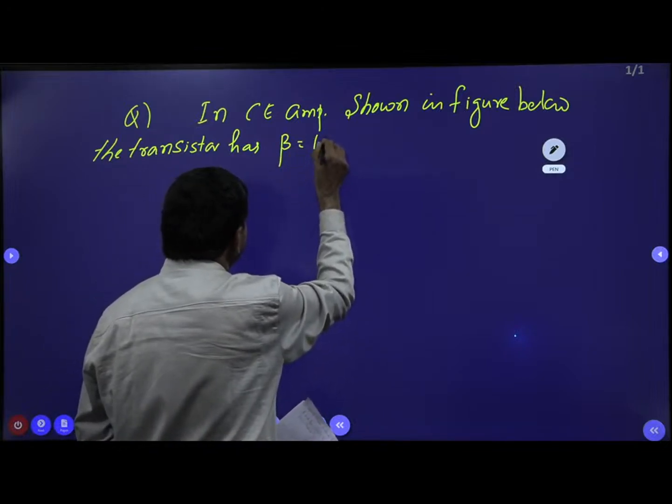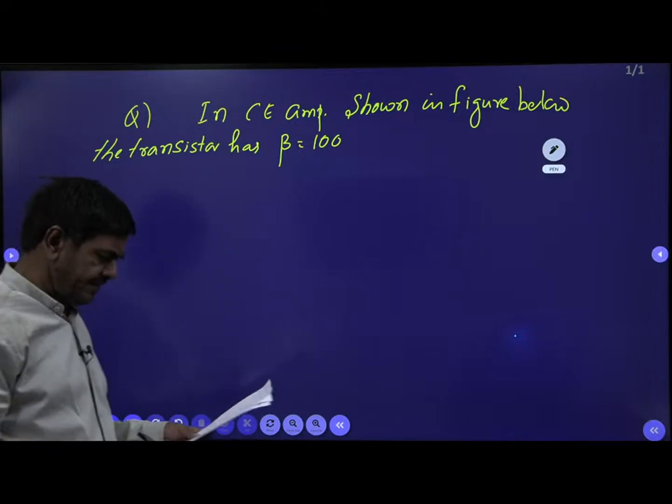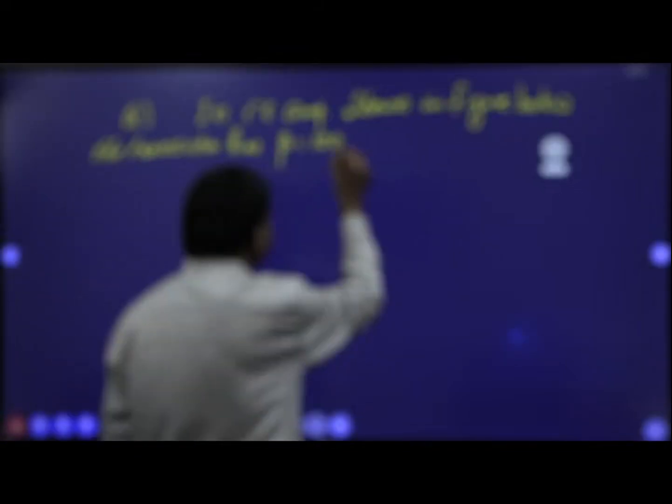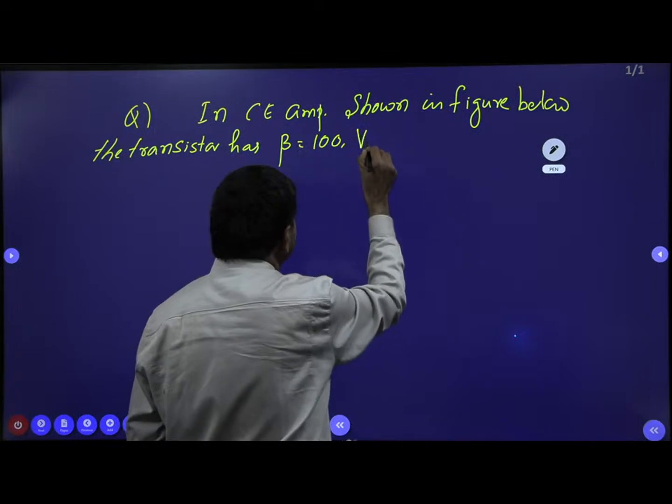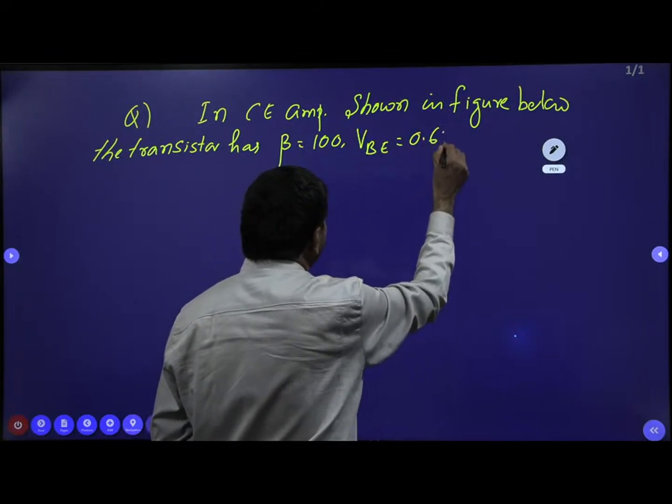Beta equal to 100 is given here. VBE, the base to emitter voltage, is given as 0.6 volts.